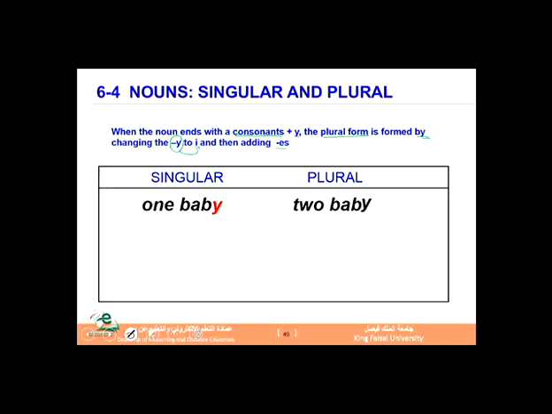Let's look at the example. This is a singular noun: 1 baby, 2 babies. So what happens to the y? You drop the y, you delete the y, then you add ies. So 2 babies. 1 party. The y is dropped, then you add ies.